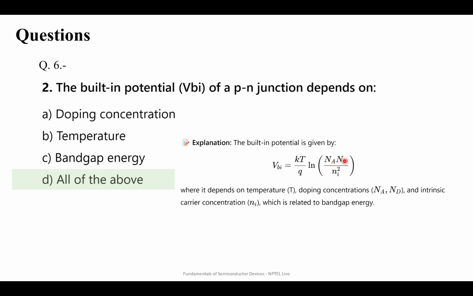Your Na Nd are your doping concentration, and your Ni is also dependent on your band gap energy. So you know, the higher the band gap, lower will be your intrinsic carrier concentration. So this way your built-in potential is dependent on all of these parameters.